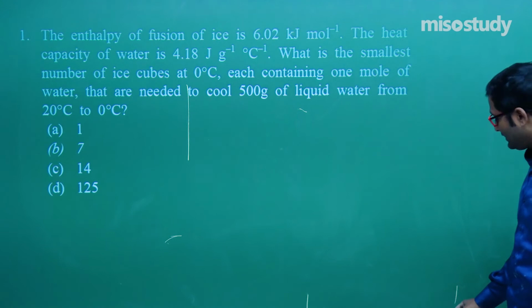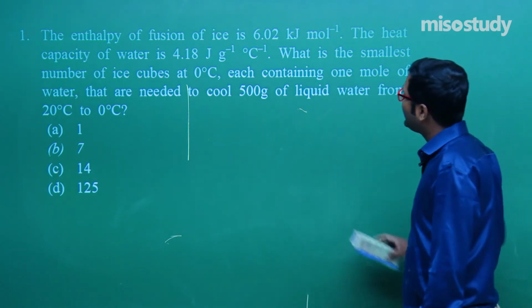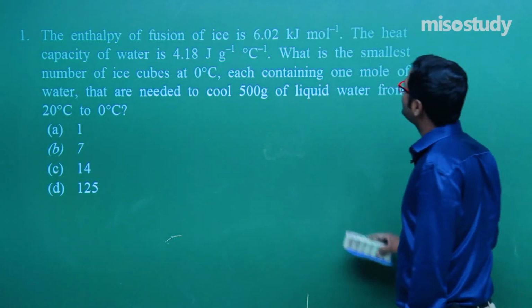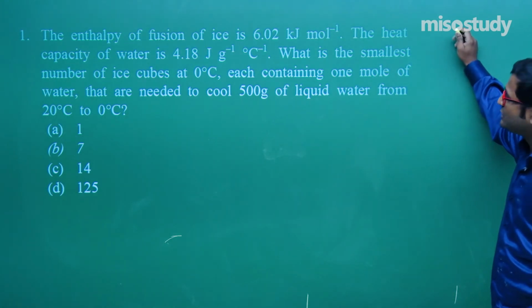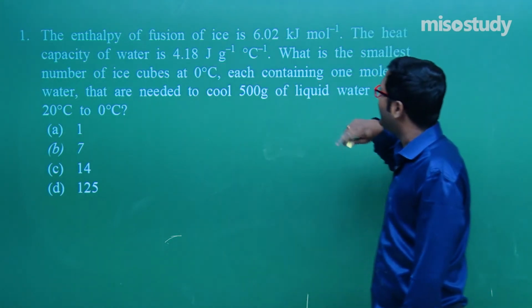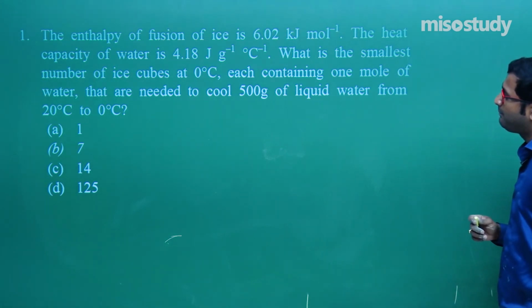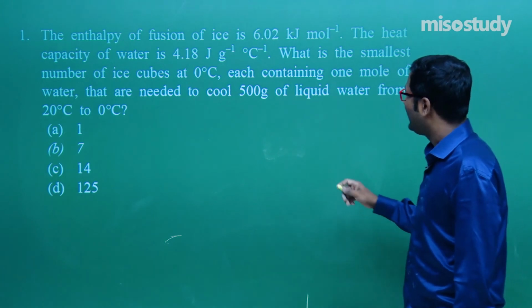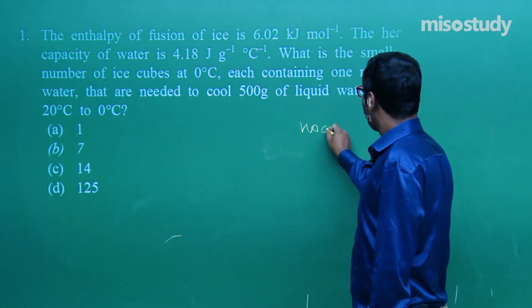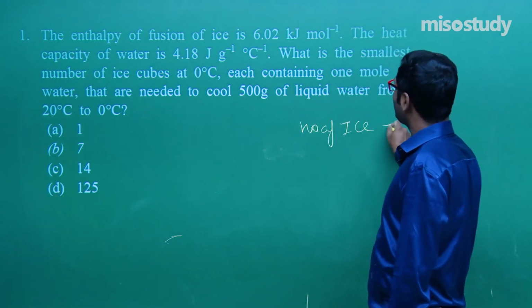Look at this: the enthalpy of fusion of ice is 0.62 kilojoule per mole. Clear? The heat capacity of water is 4.18 joule per gram per degree Celsius. What is the smallest number of ice? That is the number of ice. In this case, what will happen?